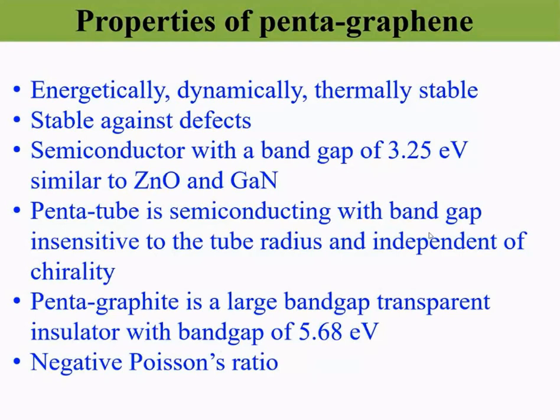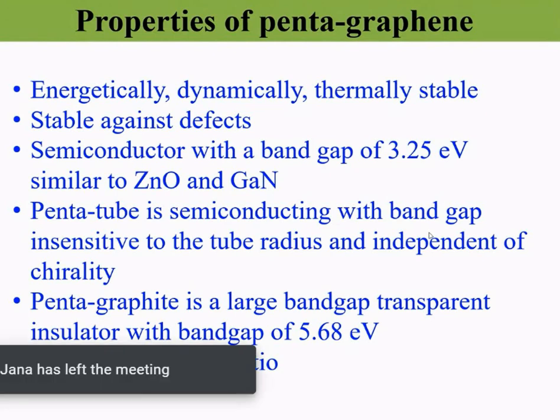If you take this pentagraphene and roll it up into a tube, just like your nanotube, there is one big difference. Your nanotube is either metallic or semiconducting, depending upon chirality. Pentatube is always semiconducting. It only has one kind of chirality.